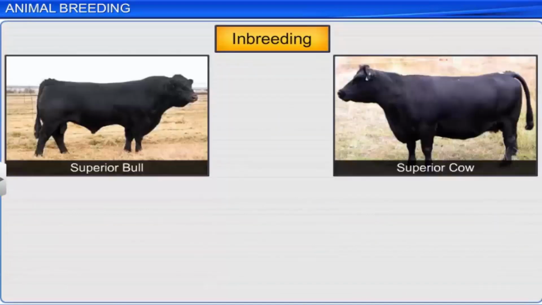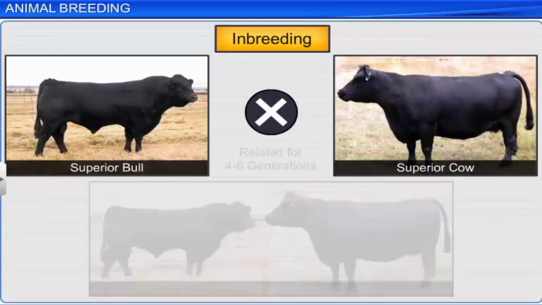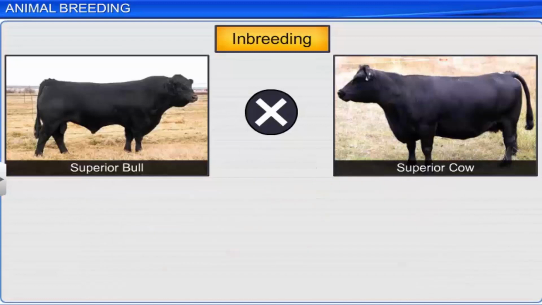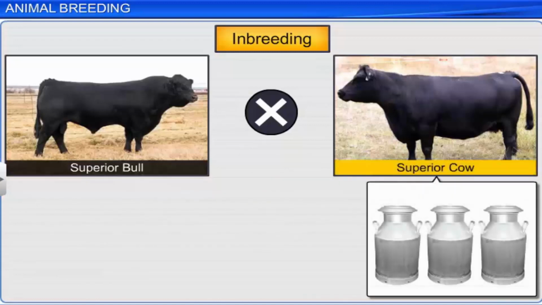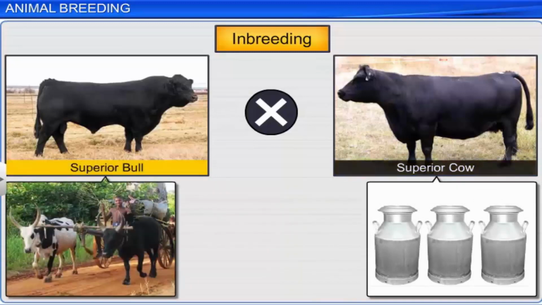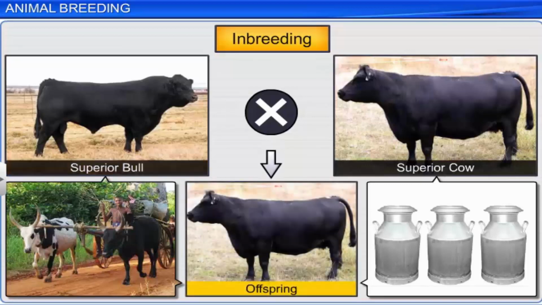Animals selected for inbreeding are of superior quality and are closely related for 4 to 6 generations. A superior quality cow is one that produces more milk, and a superior bull is one that is a strong draft animal and gives rise to superior offspring.